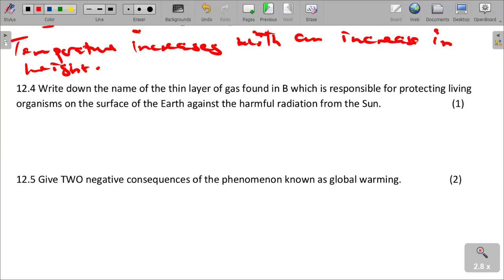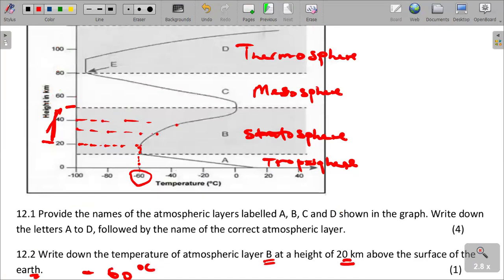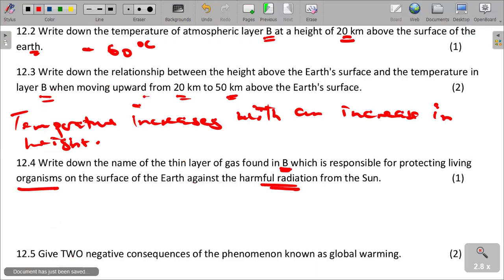And then next, question 4 is saying, write down the name of the thin layer of gas found in B, responsible for protecting living organisms on the surface of the earth against harmful radiation. So when the sun is coming, in order for it not to be too intense, in layer B, the layer that protects living organisms from extra incoming solar radiation.